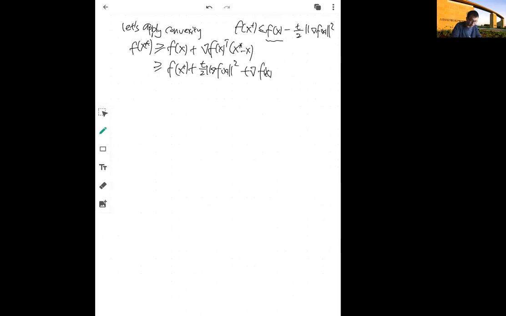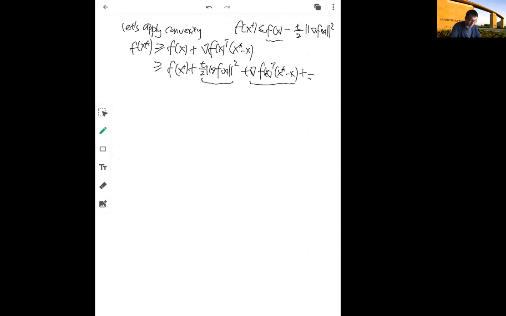Now I'm copying the remainder of this equation here. So notice what we get. We get a quadratic term, we get a cross term, but there's something missing before we can combine them into something where we can complete the square. So let's just add it and then subtract it.